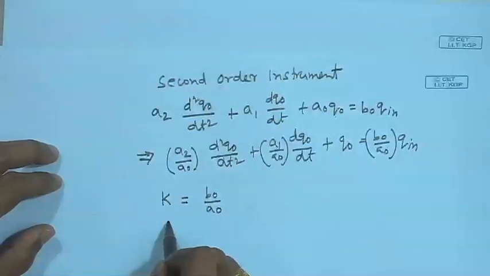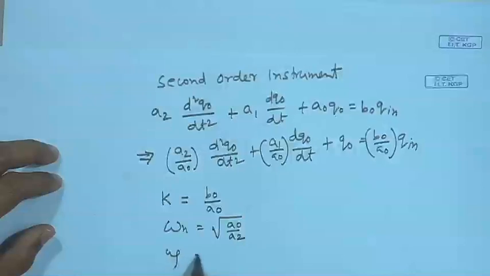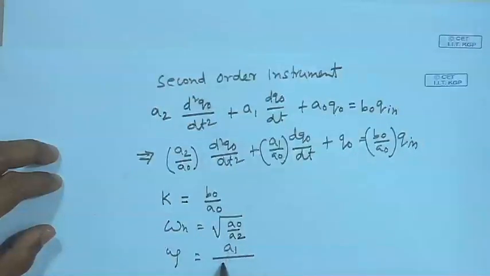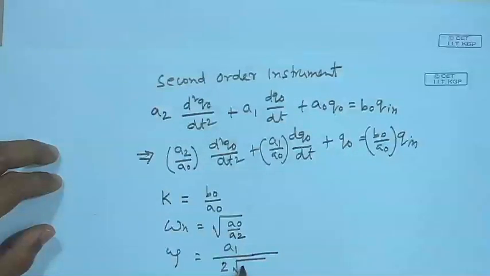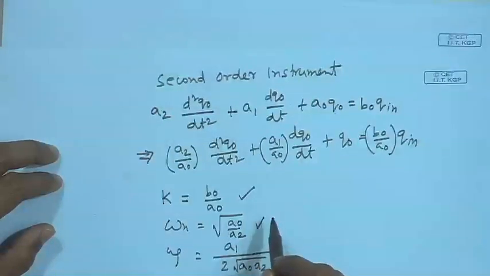If we define the terms you are familiar with when you read the process control part of the course: usual static sensitivity, undamped natural frequency, damping ratio.